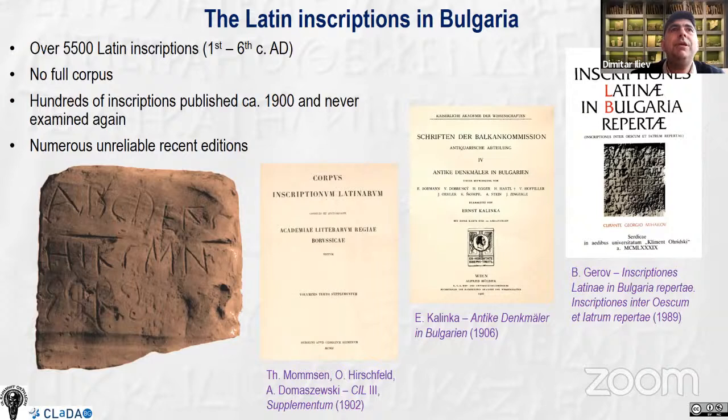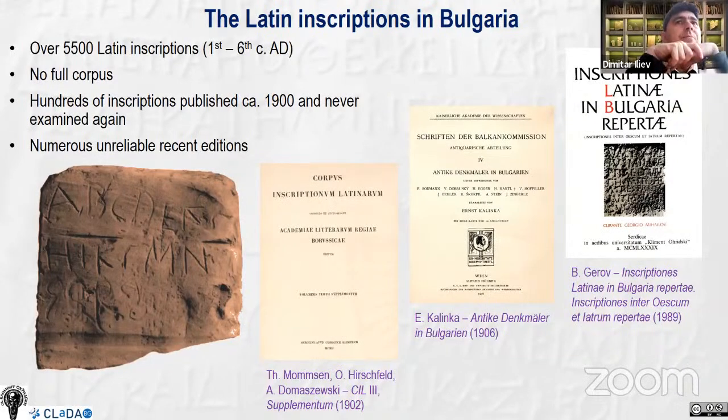So there is probably much more to be desired for the Latin inscriptions, compared to the Greek inscriptions, for which, even though not up to date, we still have not one but two major corpora, and they are much more studied.